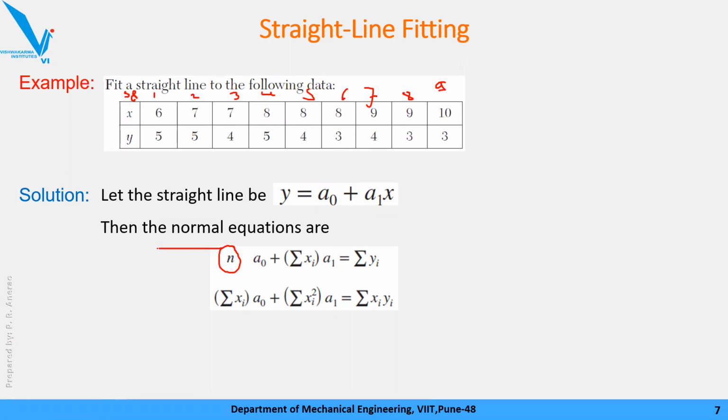So n is 9. ओके, नेक्स्ट मुझे क्या चाहिए, द सम x ऑफ i. वो कैसे मिलेगा, अगर मैं इसका सबका टोटल कर दूंगा, सम x, दैट इज नथिंग बट समेशन ऑफ x. So 6 plus 7 plus 7 plus 8 plus 8 plus 8 plus 9 plus 9 plus 10, so that is your sum x. ओके, चलो ये भी मुझे मिल जाएगा.